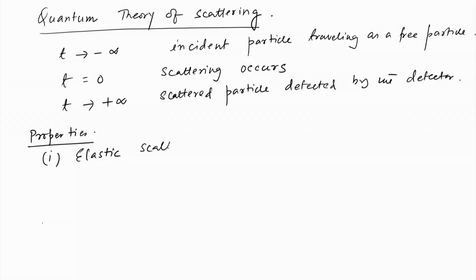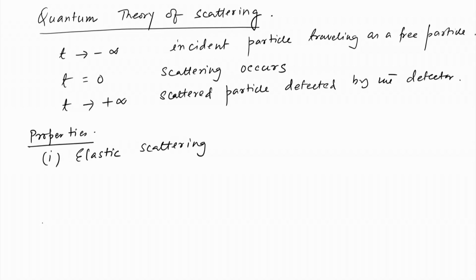Just to remind you, where the energy is conserved, it is called an elastic scattering. Momentum is always conserved, both in elastic and inelastic scattering. In inelastic scattering, energy is not conserved and it gets dissipated in the form of maybe heat or light or something. Okay.